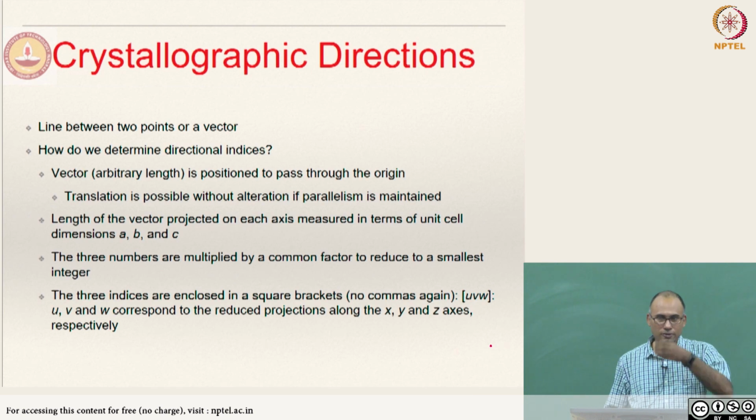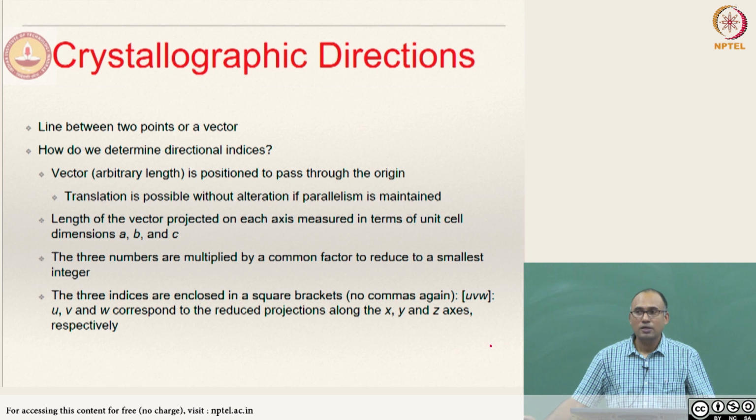Next one, very important thing, the ability to identify crystallographic directions is one of the most important activities in this course, because this is going to tell us a lot about the mechanical properties.